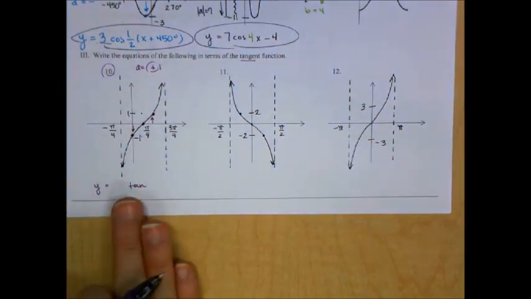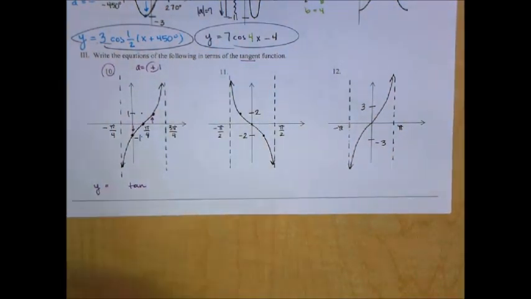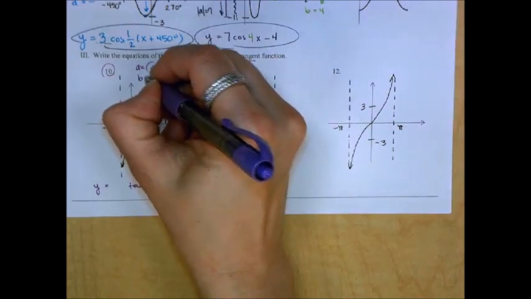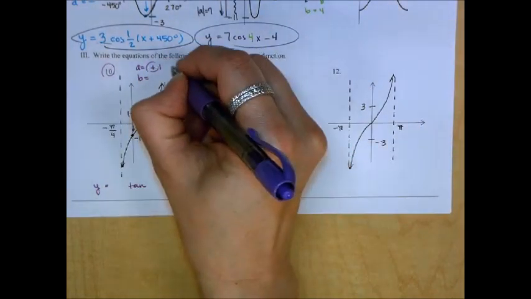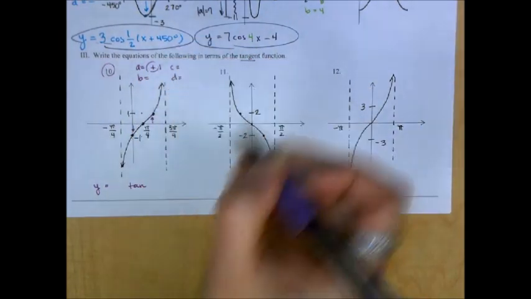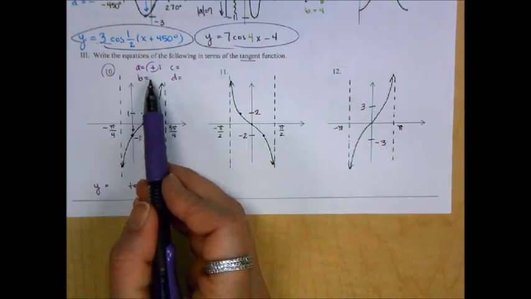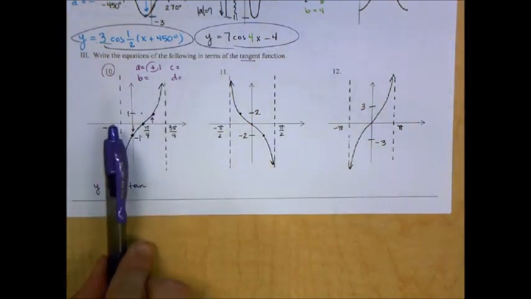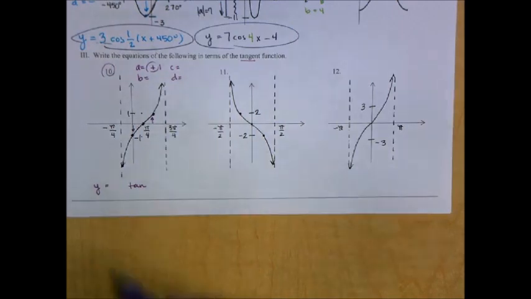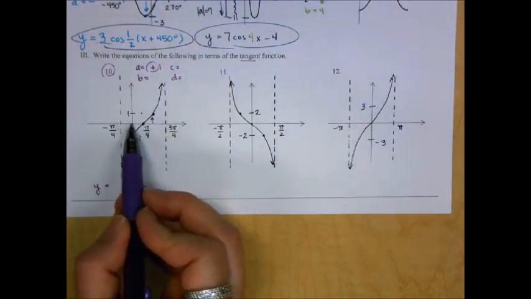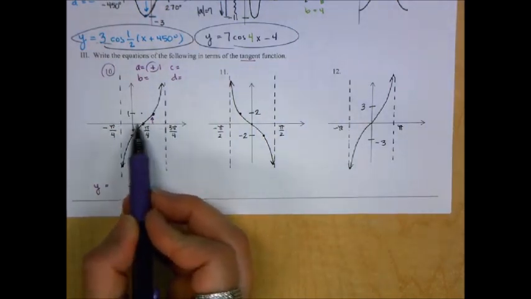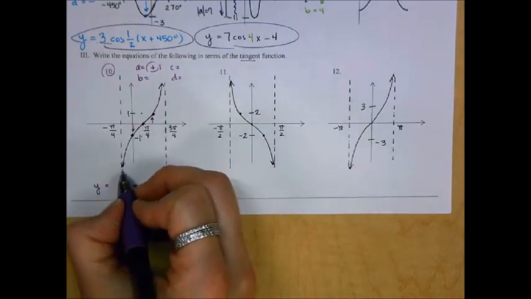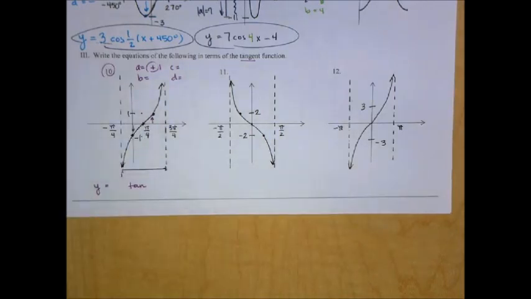So what about B and C and D? So B affects the period length, so we'll just look from asymptote to asymptote. So I've got pi over 4 on the left, 3 pi over 4 on the right. So that's a total distance of 4 pi over 4, or pi.